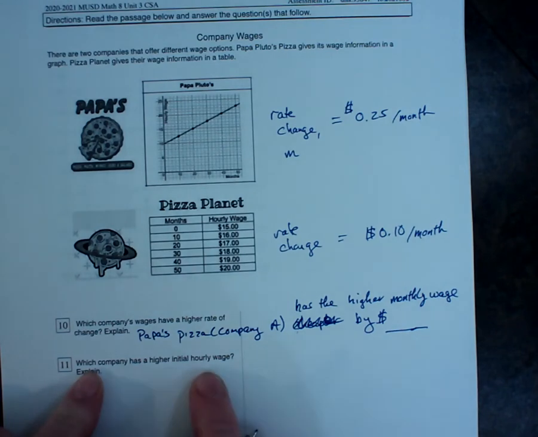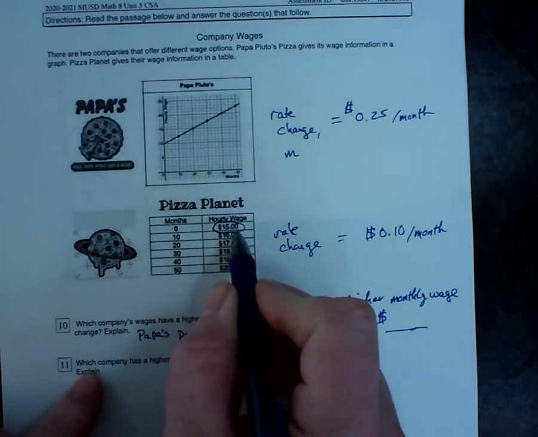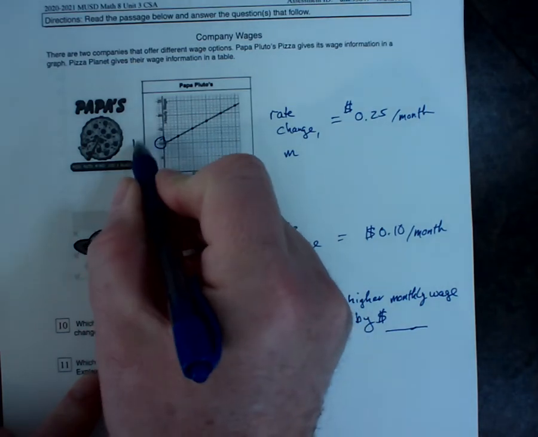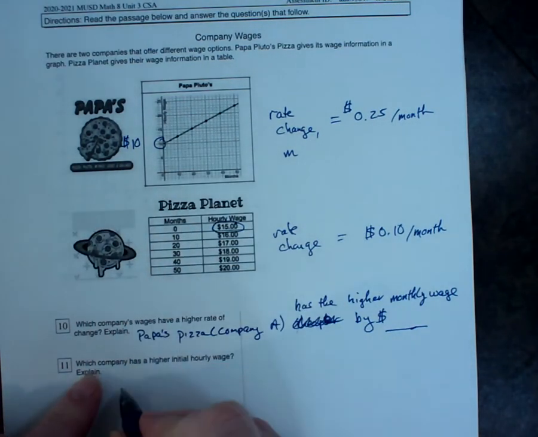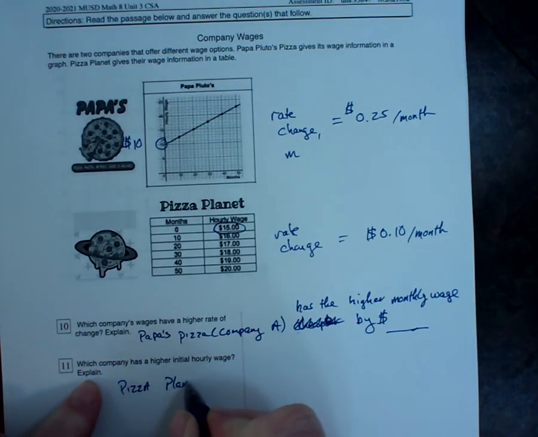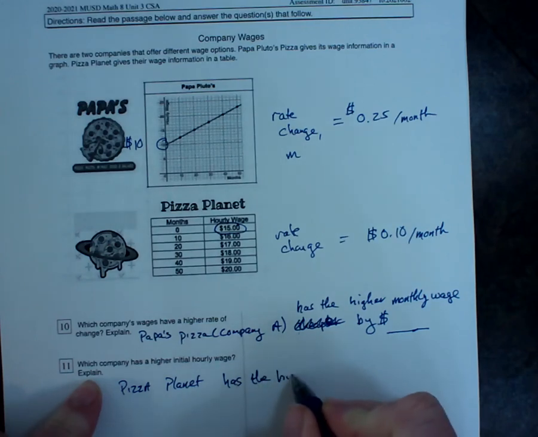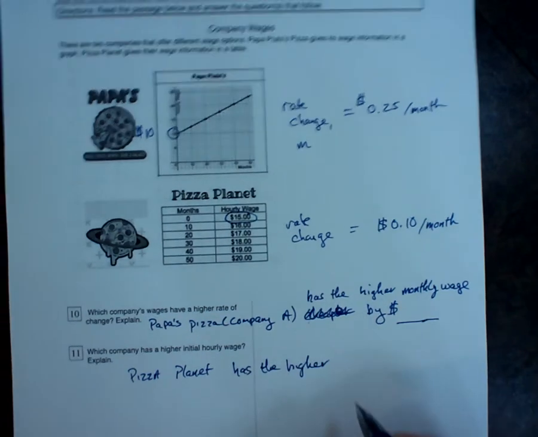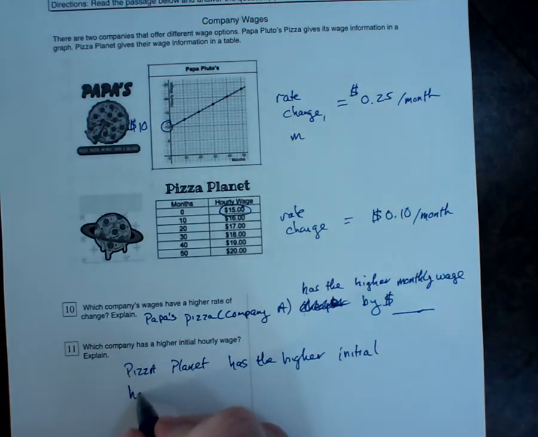Which company has a higher initial hourly wage? This one's a lot easier. The beginning is here at $15. That's $10 to start with. So Pizza Planet has the higher initial hourly wage.